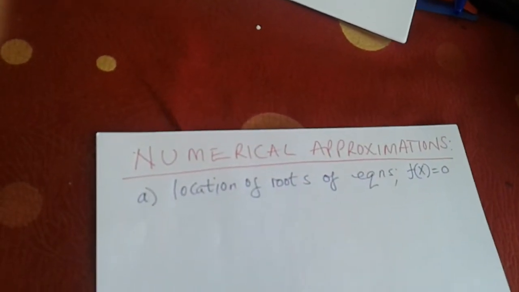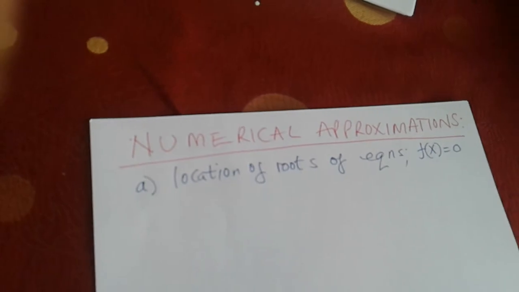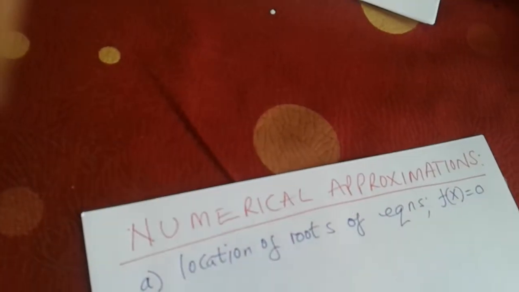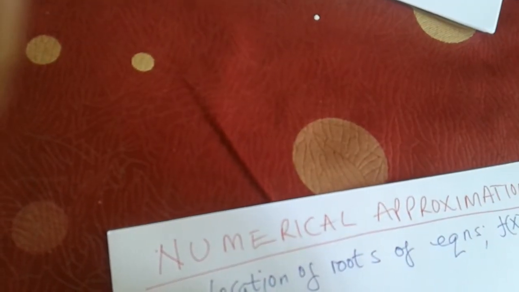In this video, we are looking at numerical approximation, and we want to begin with location of roots of equations as a first part. This one has two categories. The first one is the analytical method.